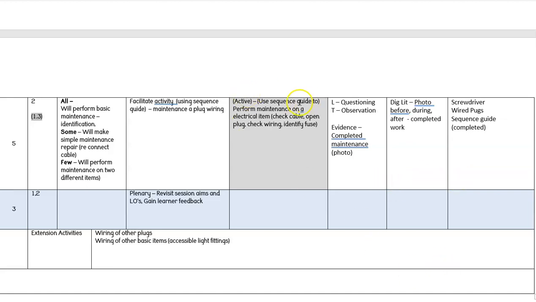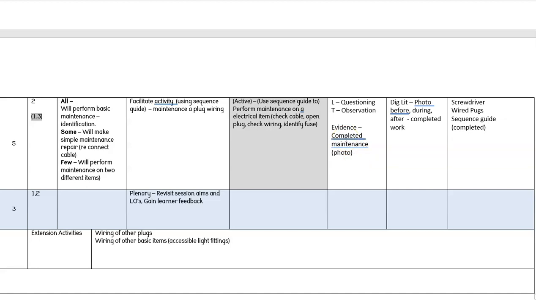Now the great thing here is they've got the sequence guide that they created in the previous one. Once again, the learners can ask questions throughout, the tutor can observe, and the evidence is that they will have completed that plug. How do I capture that evidence to share it with external or internal?